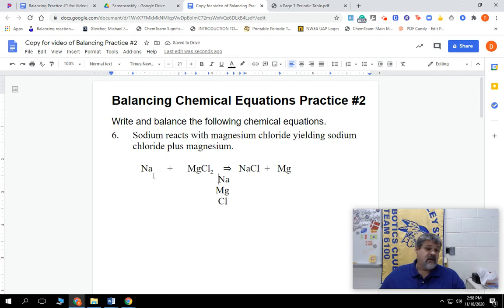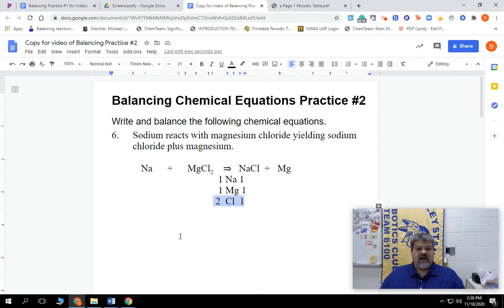On this side of the arrow, I have 1 sodium. On this side, I have 1 sodium. On this side, I have 1 magnesium, and on this side, I have 1 magnesium. On this side, I have 2 chlorine, but on this side, I only have 1. So everything's already balanced except for the chlorine.